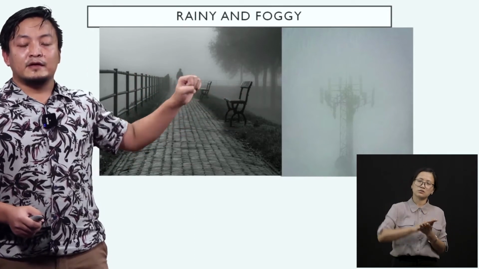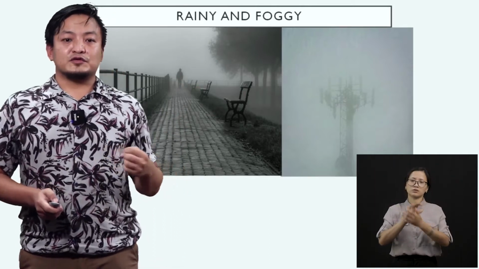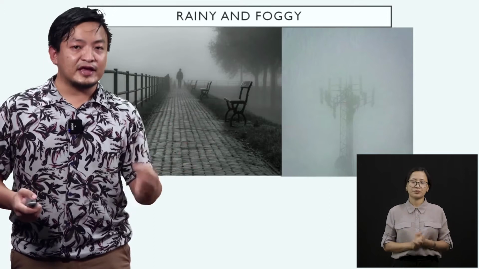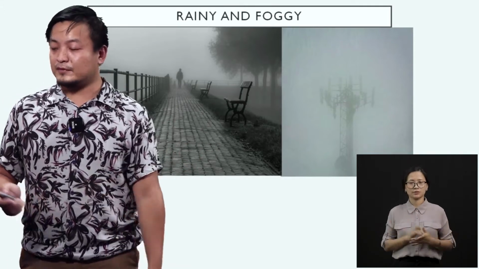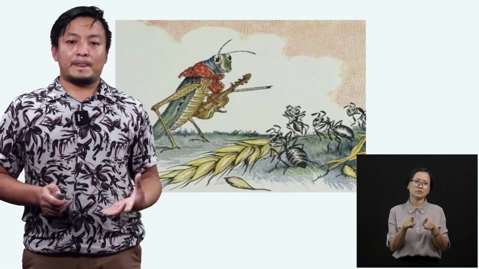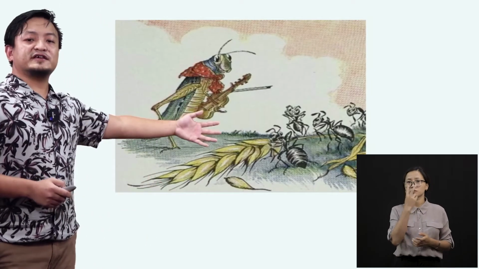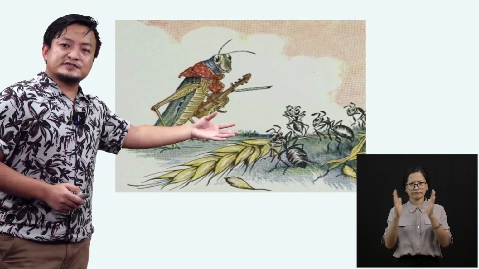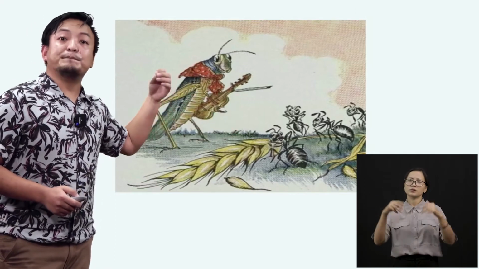Okay, so students, Vetso went out and he wants to check what is going on between the ant and the grasshopper. So let's see. The same thing we can see here, even during the rainy and foggy season, the ants are busy.